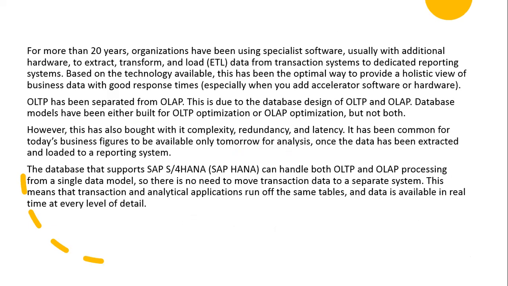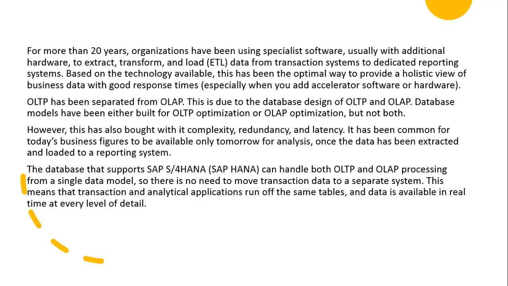OLTP, of course, and OLAP, were separated in the ECC. But in the HANA database, HANA can handle both the OLTP and OLAP processes from a single data model. So there is no need to move transaction data to a separate system. In the ECC, when you are done with your transaction process, you move it to another database for it to do the analytical processing.